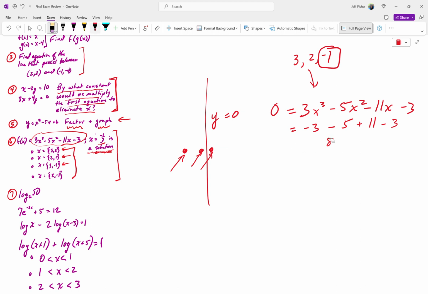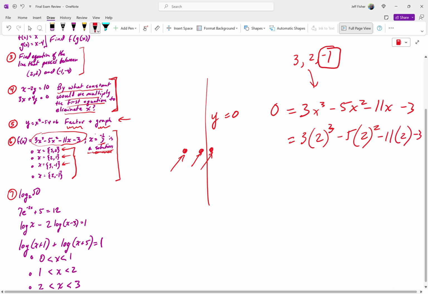Now let's try, well, we can try 2 or we can try 3. Let's try 2. So if we put 3 times 2 cubed minus 5 times 2 squared. Actually, the squared is outside this, and the cubed is outside this. Minus 11 times 2 minus 3.